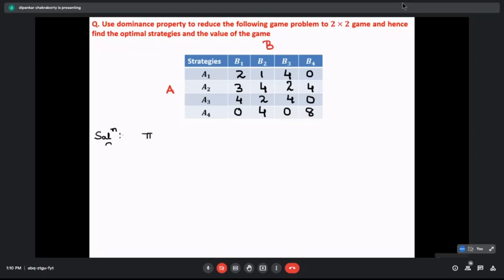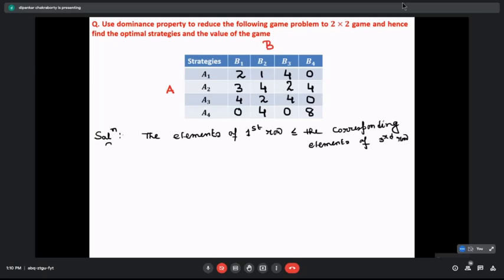The elements of the first row are less than or equal to the corresponding elements of the third row.